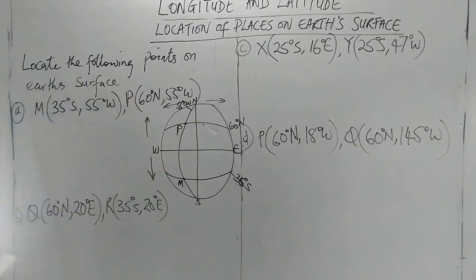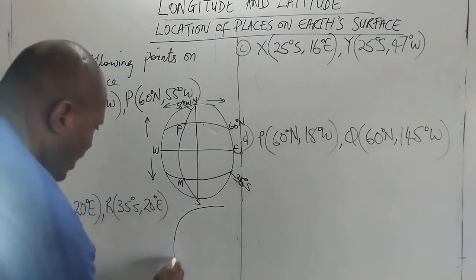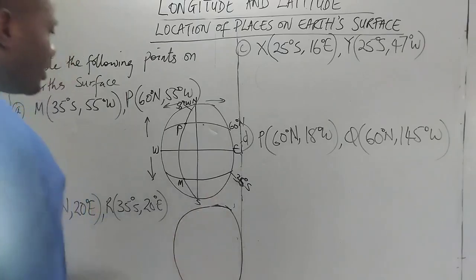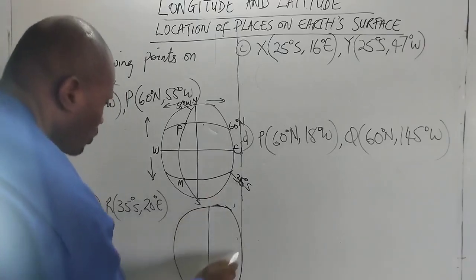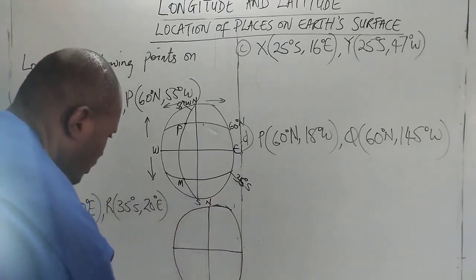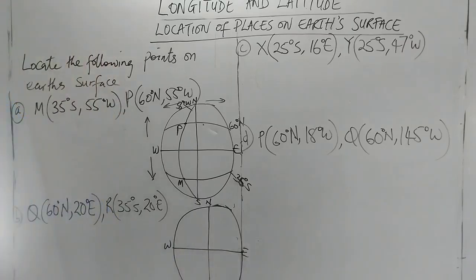Let's go to the second one. For you to locate points Q and R, remember, the first thing you do is to draw the Earth's surface, put the poles. Then the first one says 60 degrees north.